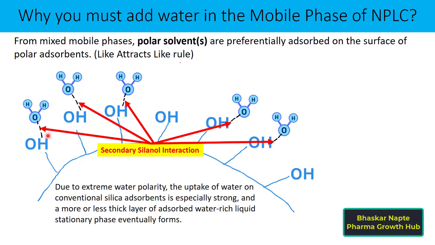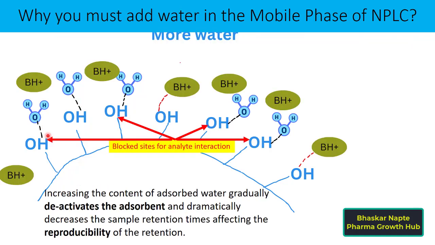In other words, the water present in the organic solvent which you use for making the mobile phase can actually block these silica adsorbent sites. They form a thick layer of adsorbed water-rich liquid stationary phase, and because of that, you are going to limit the interaction of your analyte, especially if you have a protonated base like BH+.